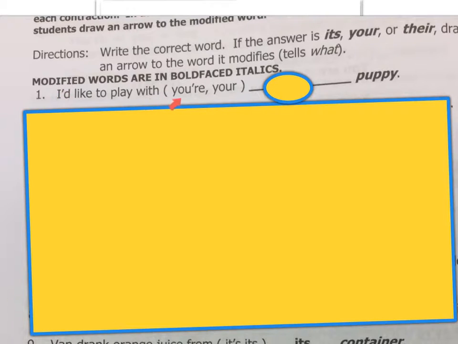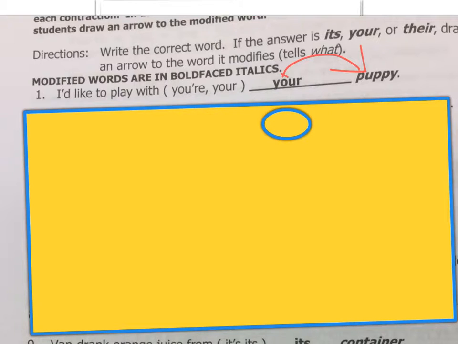I'd like to play with your puppy. I'd like to play with you are puppy. Your what? Your puppy. Which one is it? You're right, it's your. So we're going to draw an arrow saying that your modifies puppy. My arrow went the wrong way. Your what? Your puppy.